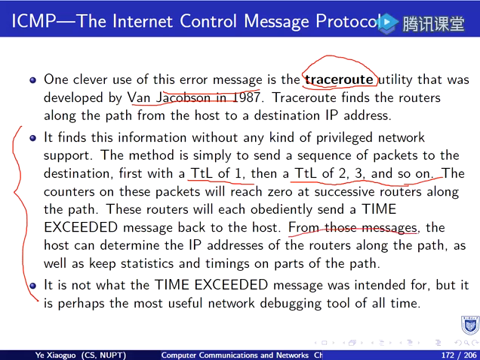From those messages, the host can determine the IP addresses of the routers along the path, as well as keeping statistics and timings on parts of the path. So this is a clever use of this error message.